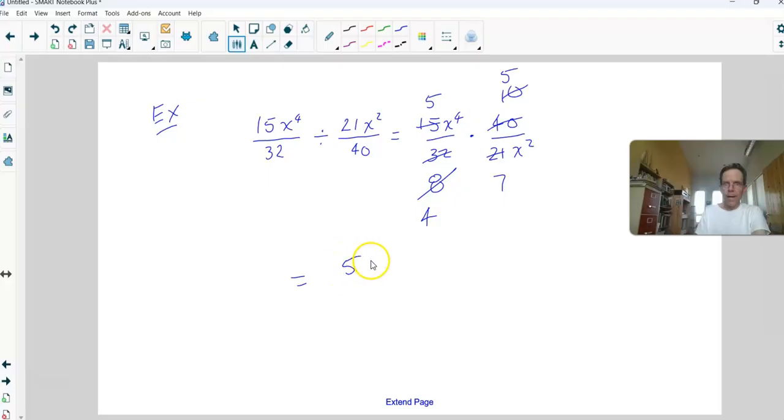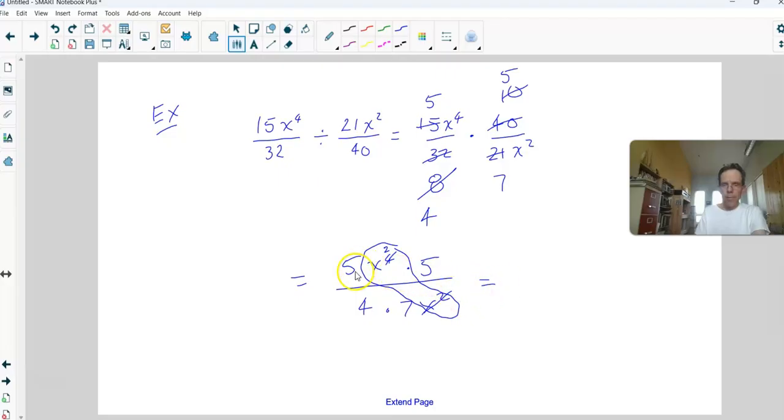We've got 5x to the 4th times 5. And then we have 4 times 7x squared. Let's think about the x's. We've got x to the 4th over x squared. Well, the 2 x's on the bottom will knock out 2 x's on the top, leaving x squared.